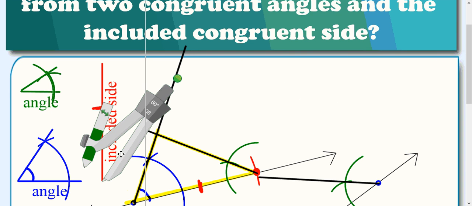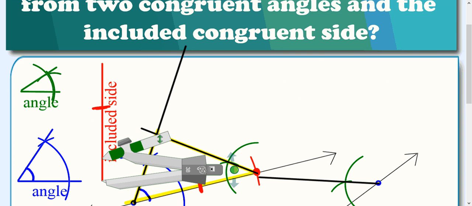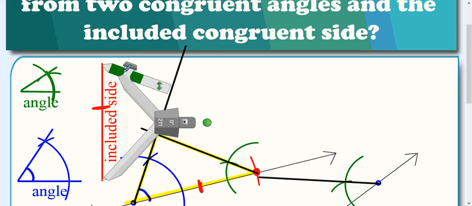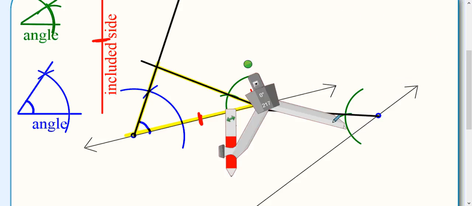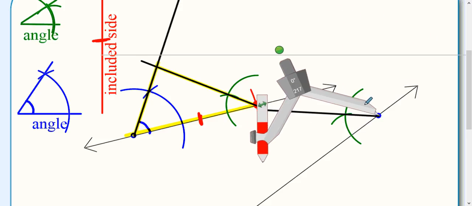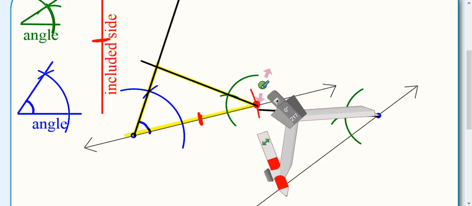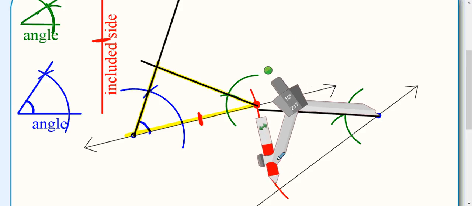We're going to copy the red side. So that's how long the red side is.